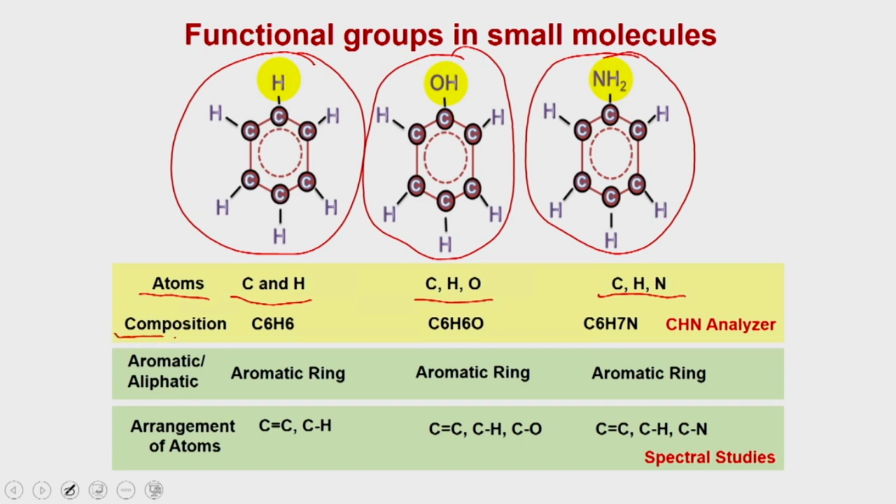Similarly, you can do the composition analysis. The composition of benzene is C6H6, the composition of phenol is C6H6O, and the composition of aniline is C6H7N.